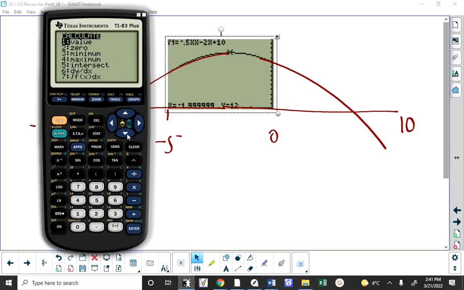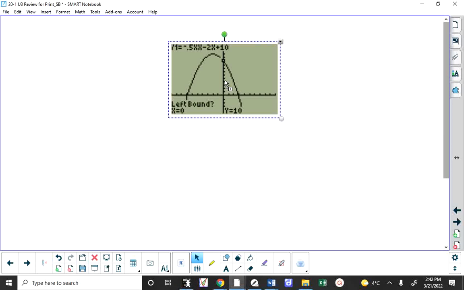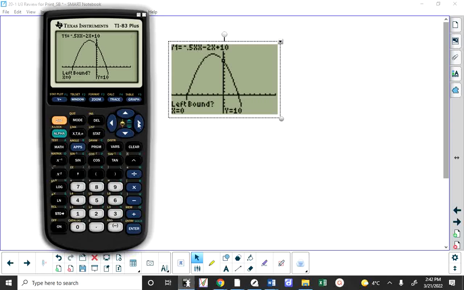A 0 means where y is 0, which is the definition of an x-intercept. So then it says left boundary. I'm going to put my cursor to the left of this x-intercept. I am to the left of it, which happens to be above. I hit enter. I put my cursor to the right, and I hit enter, and then I hit enter when it says guess. So one of the x-intercepts is about 2.9.